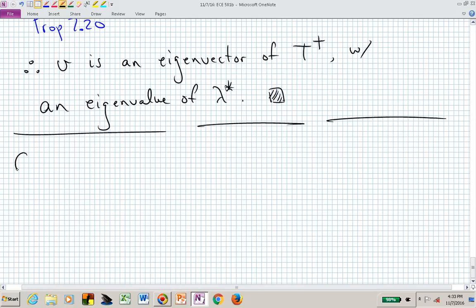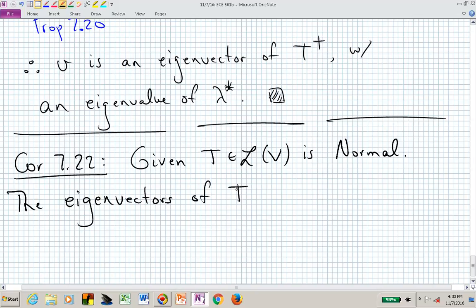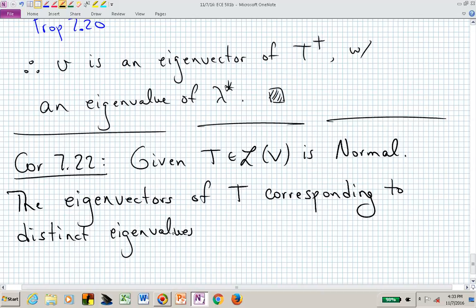This is now corollary 22, which says that given T, a linear operator on a vector space V, and it's normal, the eigenvectors of T corresponding to distinct eigenvalues are in fact orthogonal.